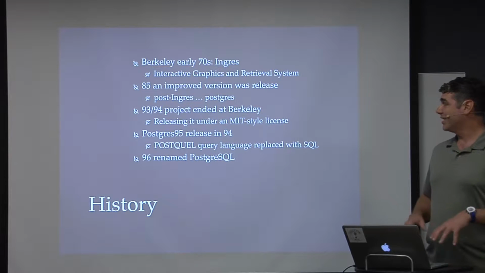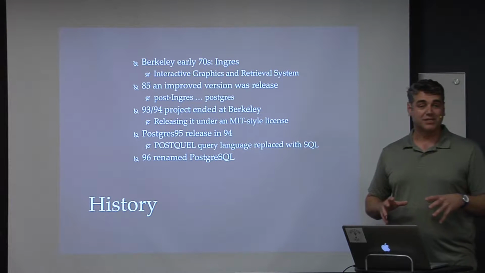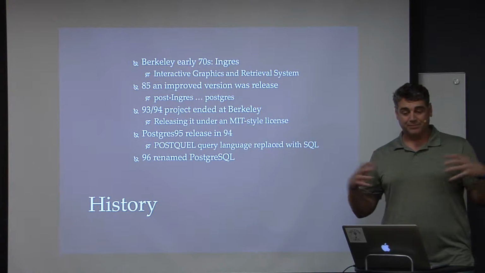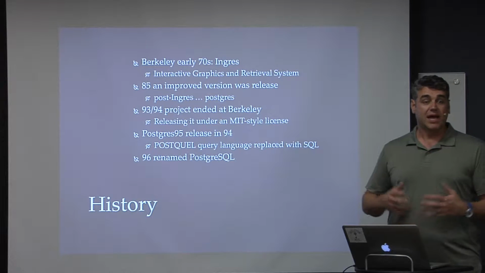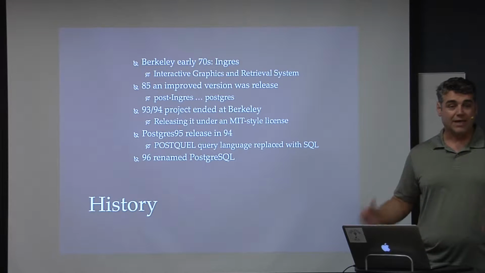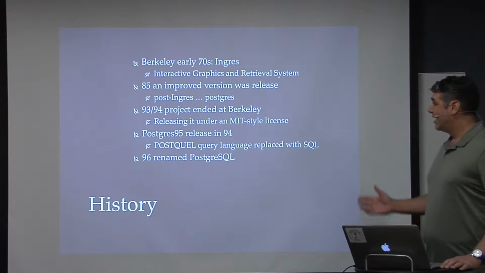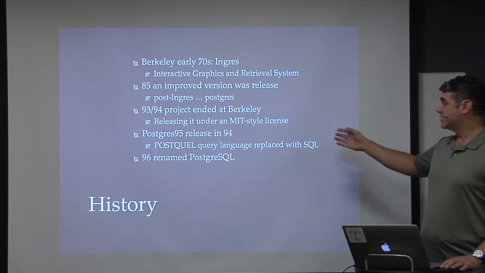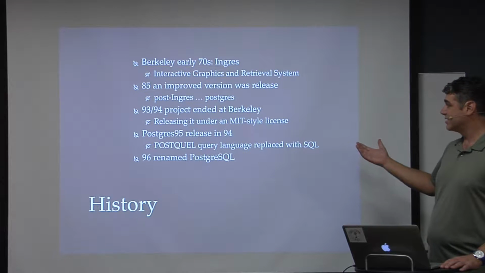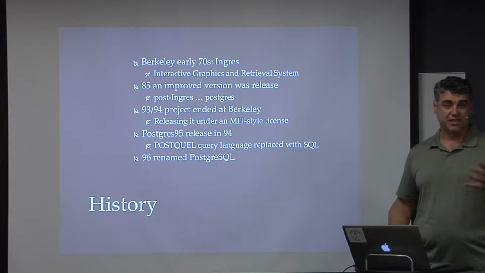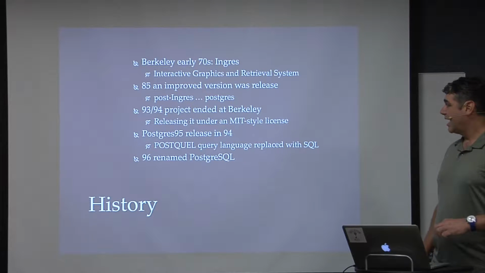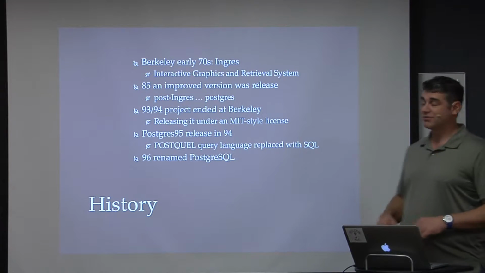Then in '93 and '94, Berkeley ended the project because there were a lot of requests for improvements, and it actually became its own entity on the open market. They released it under the MIT style license, which is basically you can use it, you just have to have our copyright in there. Then in '94, they came out with Postgres 95.